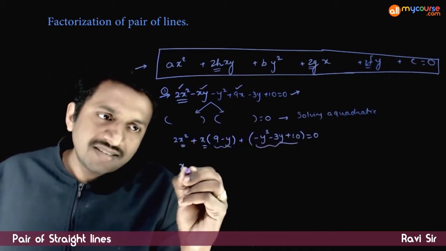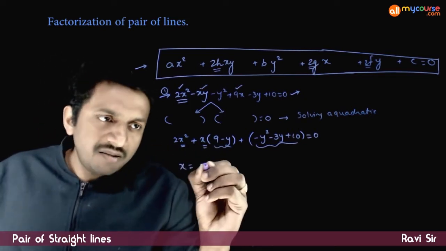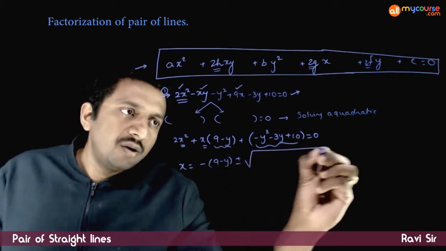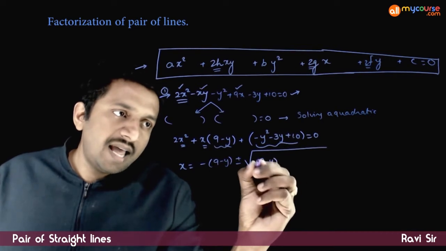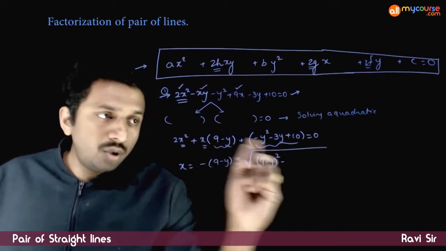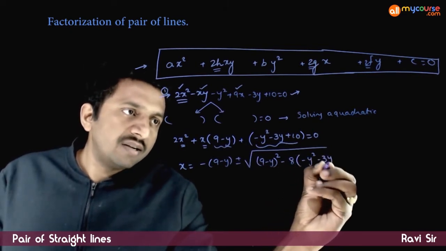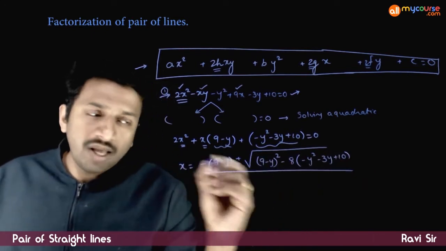Now this equation looks like a quadratic in x whose coefficients are in terms of y. Now what is x? x is equal to the solution of the quadratic, -b plus or minus root of b squared - 4ac, that is, -(9 - y) plus or minus root of (9 - y) whole squared - 4 into 2 into 8 times (-y squared - 3y + 10), all by 2a, which is 4.